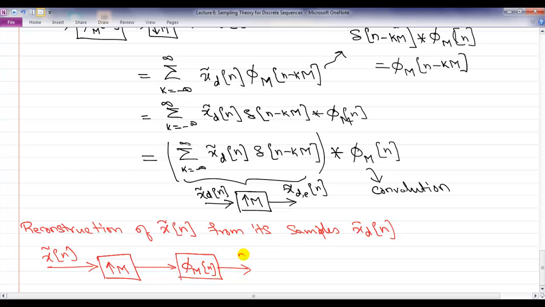And what you get back is x tilde[n]. Okay? And of course, just like in the continuous time world, this is called post-filtering.